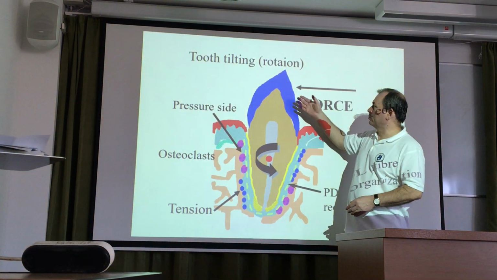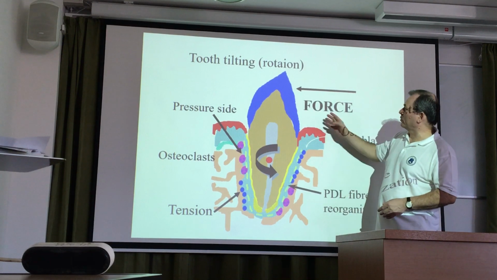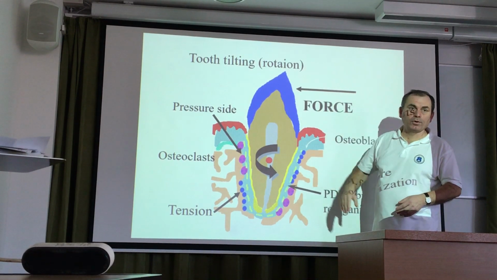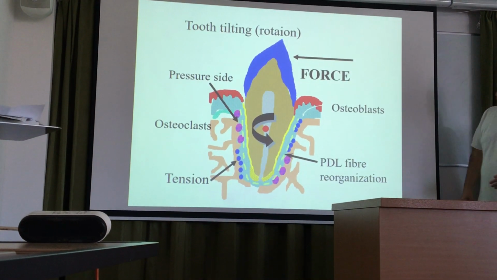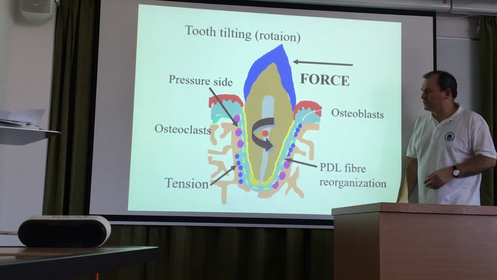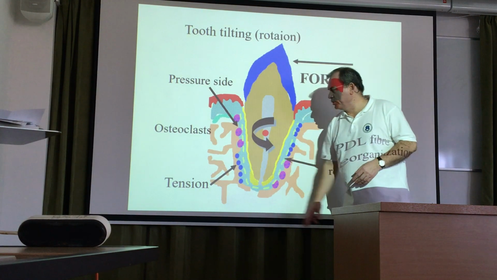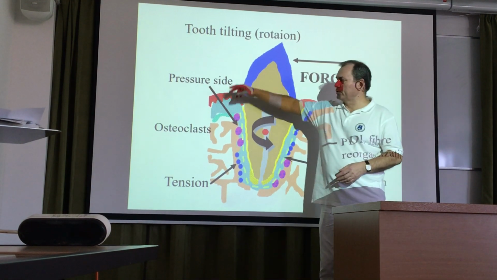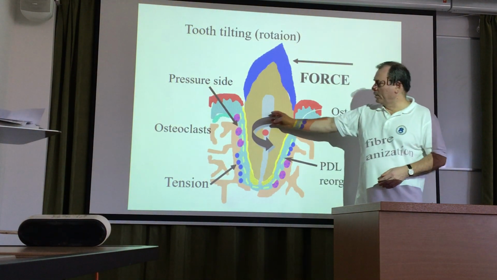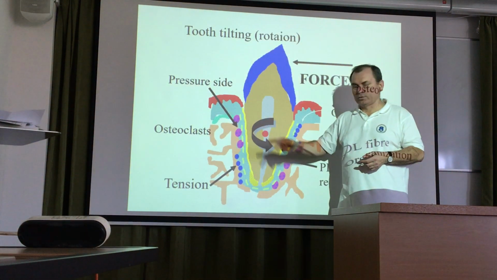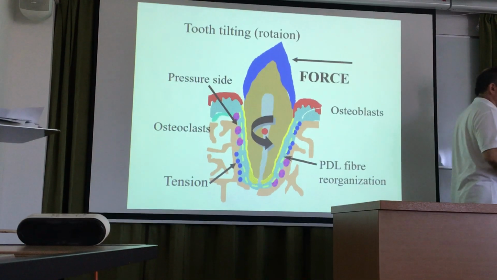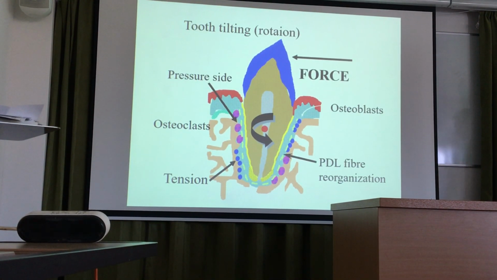So tooth tilting or rotation, with a simple single force application, you will see the tension zone and the pressure zone on both sides, because along the transversal axis the whole root is rotating.